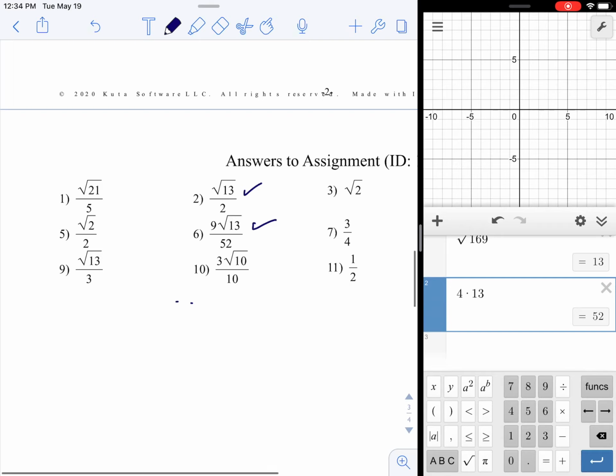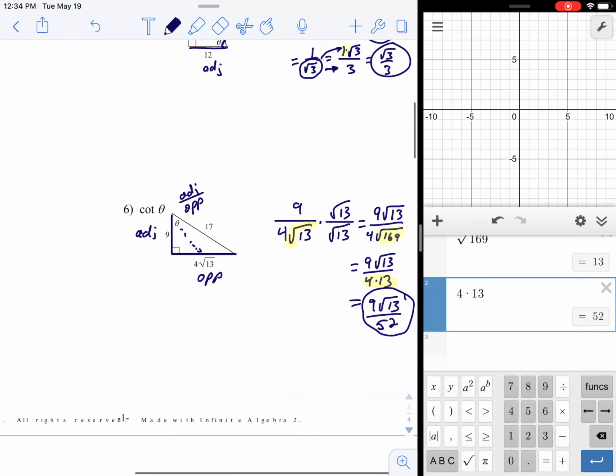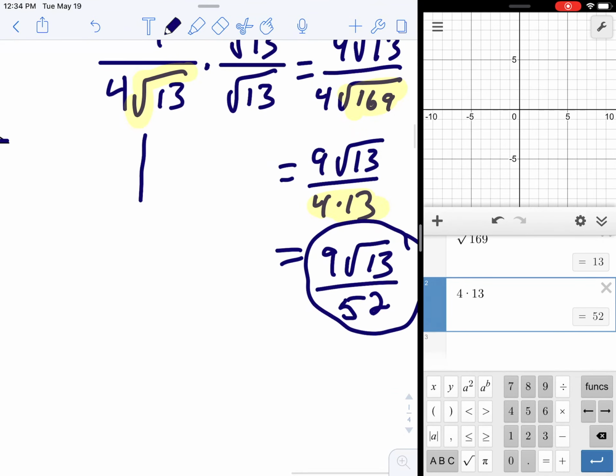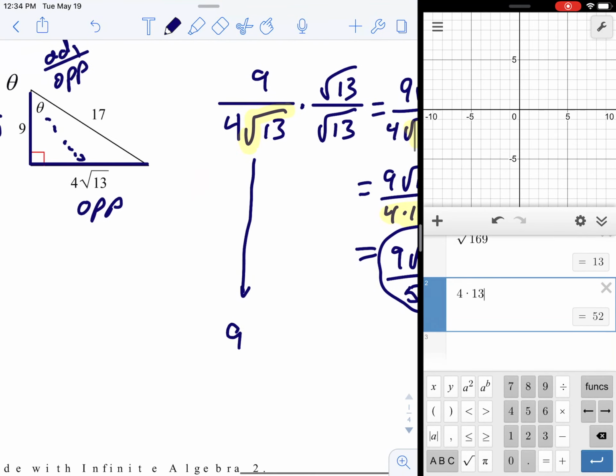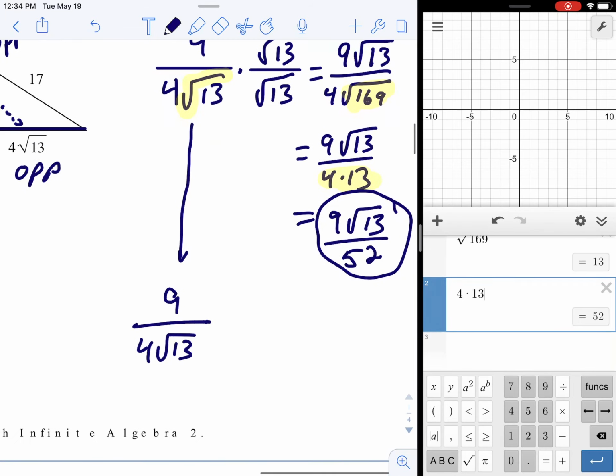And there it is. Okay, let's look at the shortcut. So I'm going to start from this step right here. Adjacent over opposite. Okay, so move the radical to the top. Whatever's already on top stays there. And then the bottom, since there's already something on the bottom, that stays there.